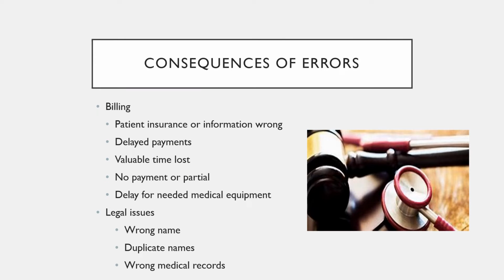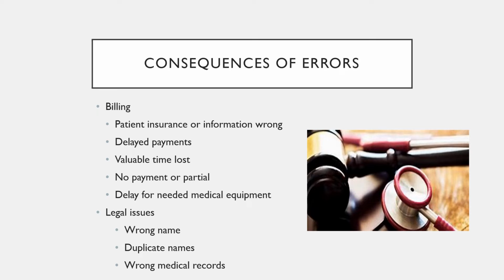On this slide, I will be covering potential consequences due to errors. And yes, these will happen even though we really don't want them to. So with billing, payments will be negatively affected if patient info or insurance policies are wrong. Delayed payments will occur if an incorrect plan is assigned to a patient's chart.